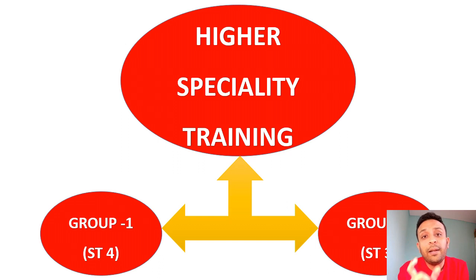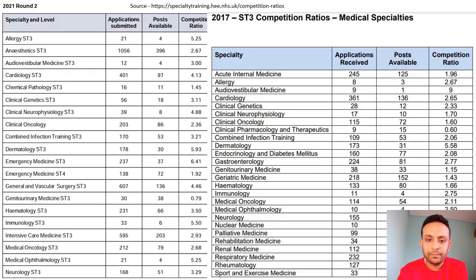You do not get a dual CCT here. You will just get the specialization in the field that you have done your postgraduate training. So for instance, if you apply for dermatology, you will finish dermatology and you would have a CCT in dermatology, not with general medicine, plain dermatology.